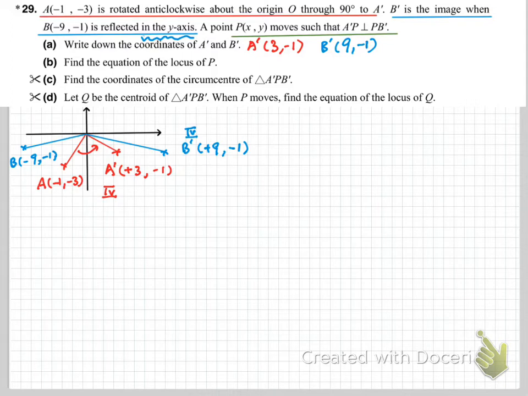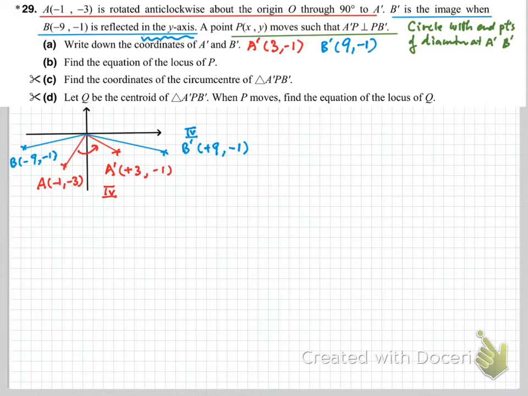So if you recall some idea about the qualitative analysis, you know that this is a circle with the endpoints of diameter at A prime, B prime. A prime, B prime are the endpoints of the diameter.